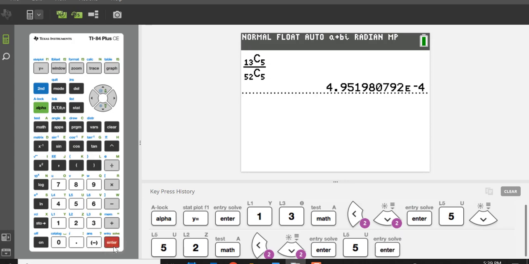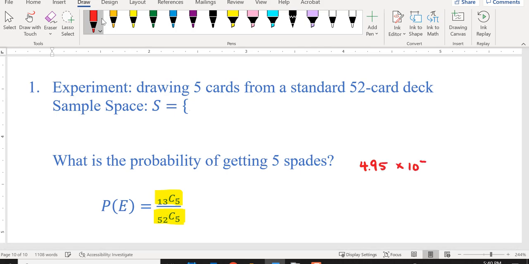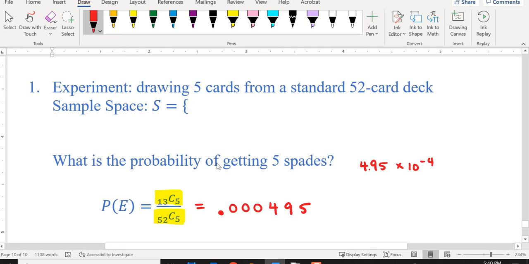So that probability, we've got some scientific notation coming in. When you see e to the -4, you've got to move the decimal place 4 to the left. So you go 1, 2, 3, 4. Okay, so we have 4.95 times 10 to the -4. That's going to be 0.000495. That's the probability of getting 5 spades.